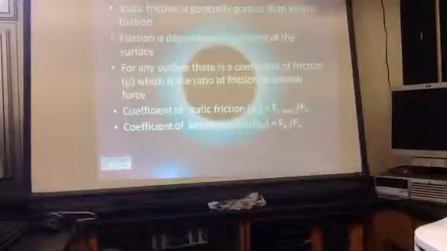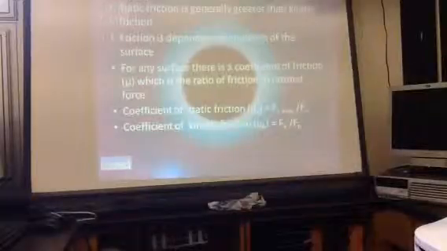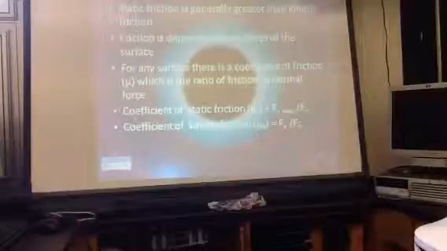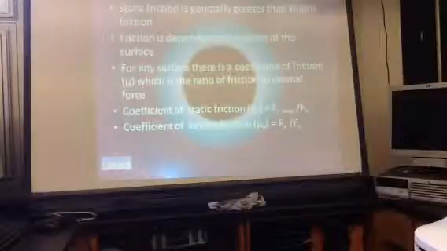Coefficient of static friction, that symbol in the parentheses is a mu. It's a Greek letter. It's like the symbol that we use for micro, the prefix for micro. So we have mu sub s, which would be static friction.